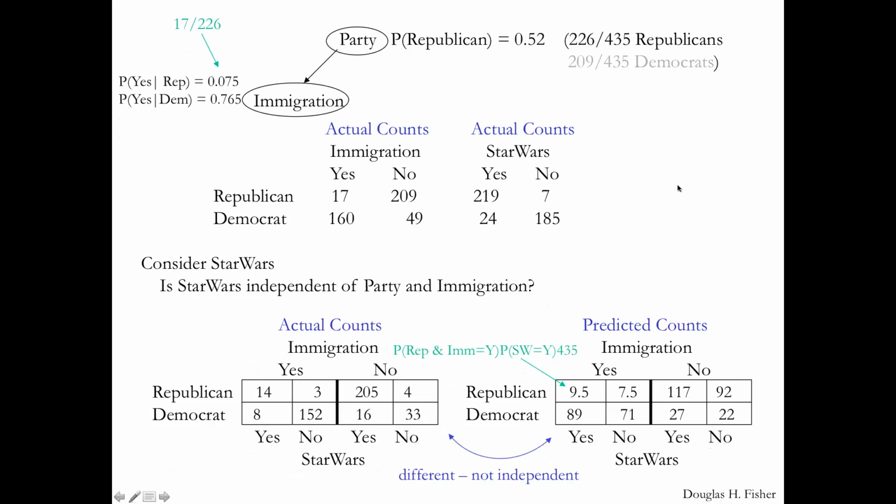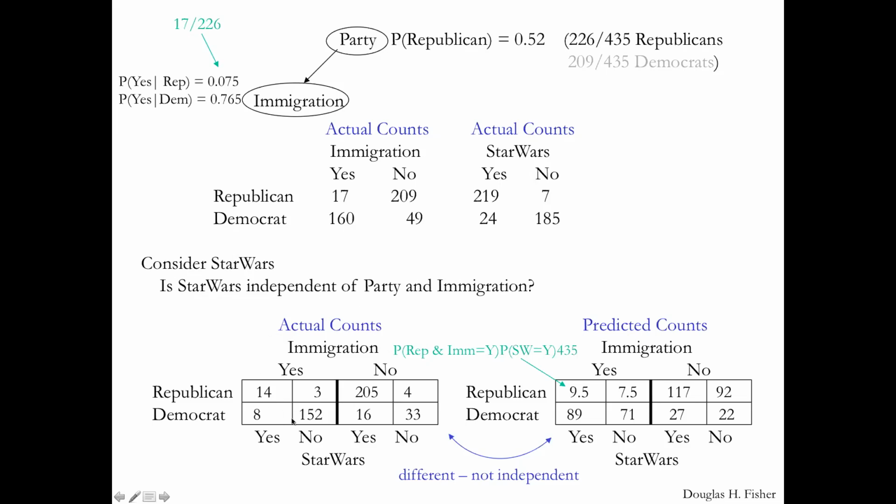In this case, the first thing is we might ask, is Star Wars independent of party and immigration? We might look at the conjunction, immigration and party, and then look at the projected cell counts for Star Wars within these predicted counts, if Star Wars was in fact independent of the conjunction of party and immigration.